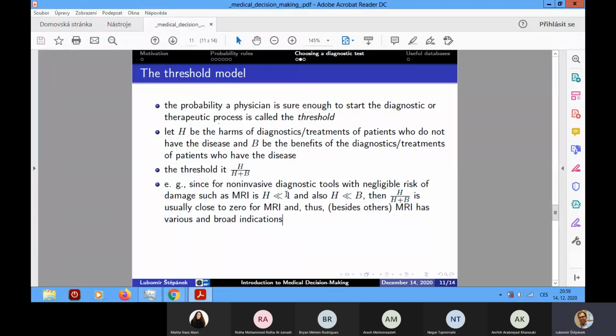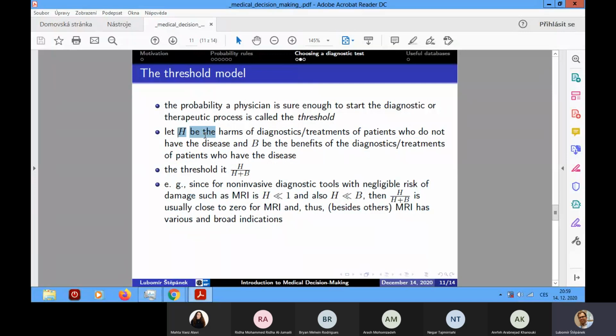But there are also some other principles. It doesn't mean that each patient should undergo MRI. But if you have a suspicion of some disease of interest, and the probability of such a disease, based on some literature or on the experience of the physician, is higher than the threshold, and the threshold is generally low, as for MRI or ultrasound, then very likely the MRI should be indicated.